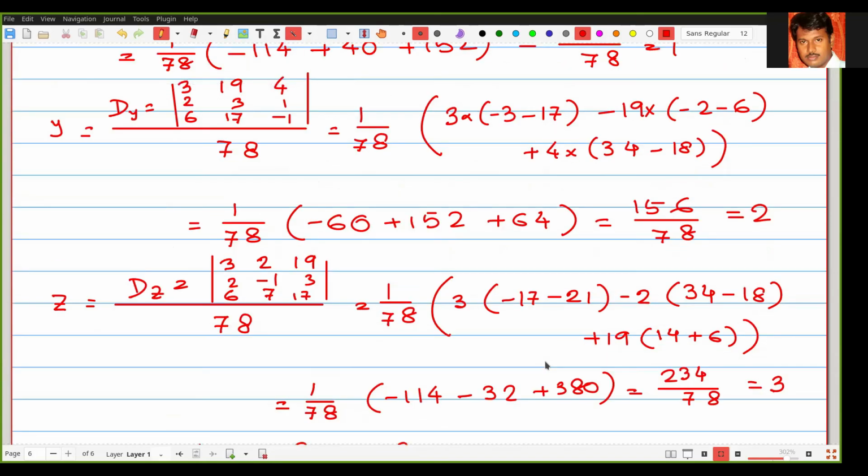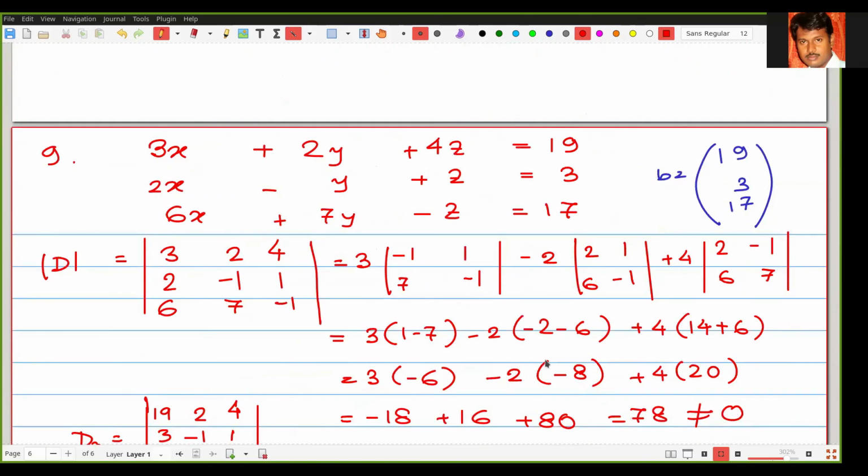Let's check really whether the values are true or not. If we put the value 1, so that one is becoming 3, y is equal to 2, so that one is becoming 4, and that one is 3, so that is plus 12.